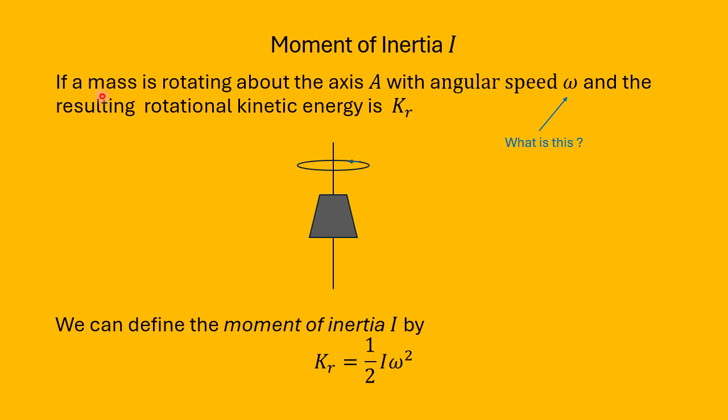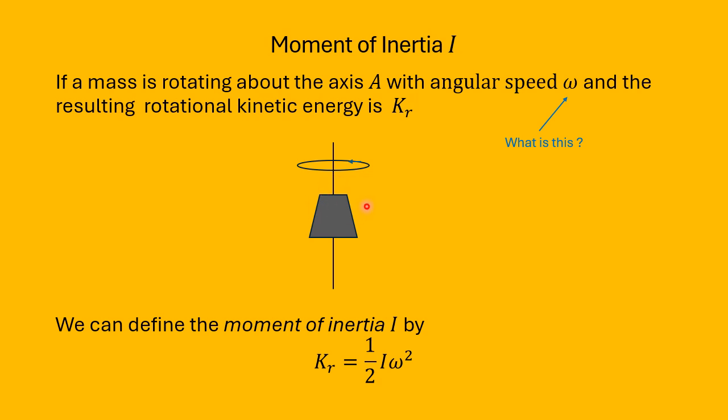Let's suppose this mass is rotating about that axis A with angular speed omega, and the resulting rotational kinetic energy is K sub R. We'll use this little subscript to remind us that we're looking at the kinetic energy of rotation. So when this mass spins around this axis, all of the little pieces of this mass are moving with certain velocities.